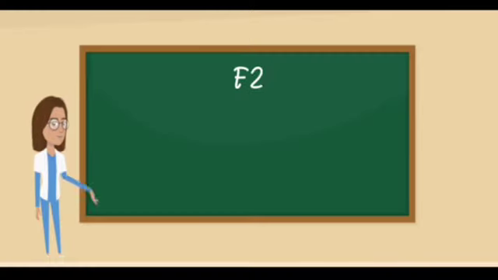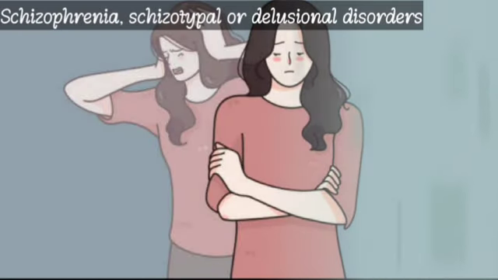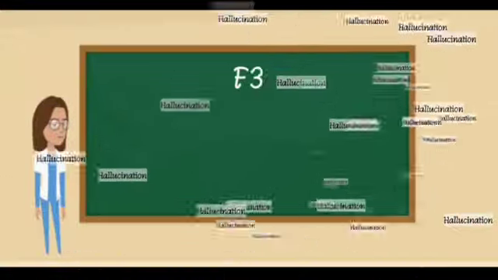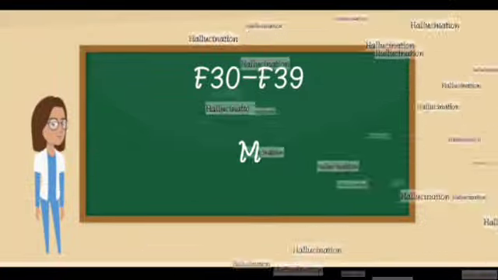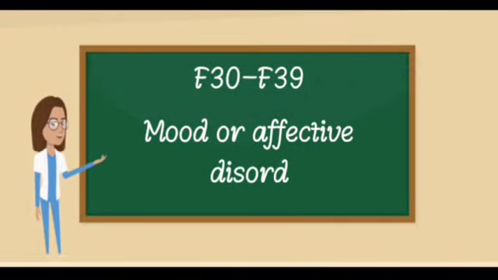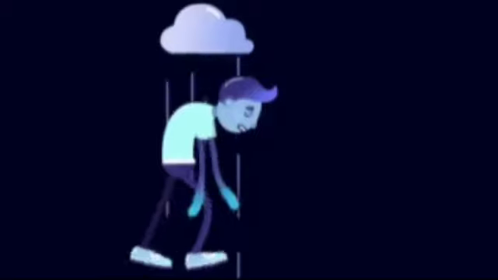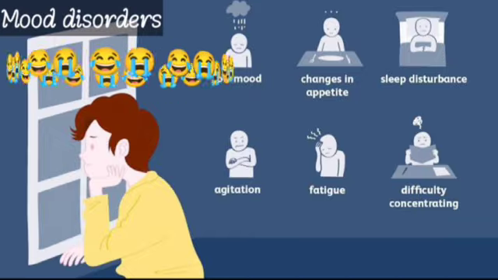Then there is F20 to F29, which has schizophrenia, schizotypal disorder, or delusional disorders. Then there is F30 to F39, which constitutes mood or affective disorders, which has manic episodes, depressive episodes, bipolar disorders, persistent mood disorders.